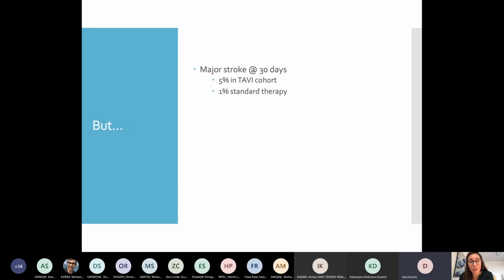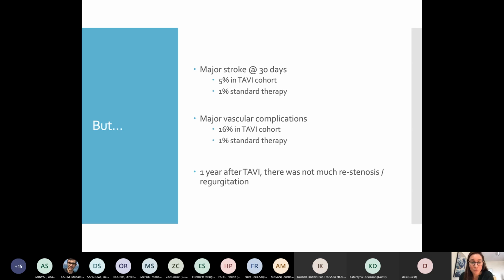There was more stroke. Of course, you are opening a valve within a really calcified native aortic valve, and you can throw off bits of valvular calcium, and that can cause a stroke. And of course, there were more problems with bleeding vessels because you're doing this procedure. And did it last well?